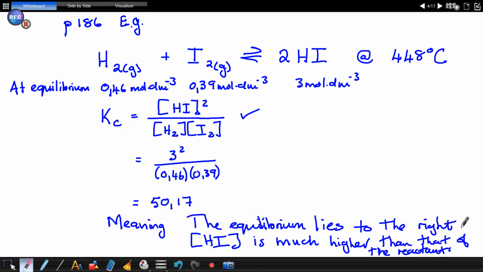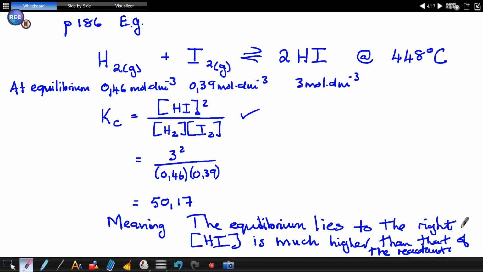So it is said that the equilibrium lies to the right, not that the equilibrium shifts to the right. The shifting comes in with Le Chatelier's principle, where you change concentration or pressure or temperature, and there's a shift in the equilibrium. This is a reaction, and the Kc value's meaning tells you that in that reaction chamber, most of it is product.